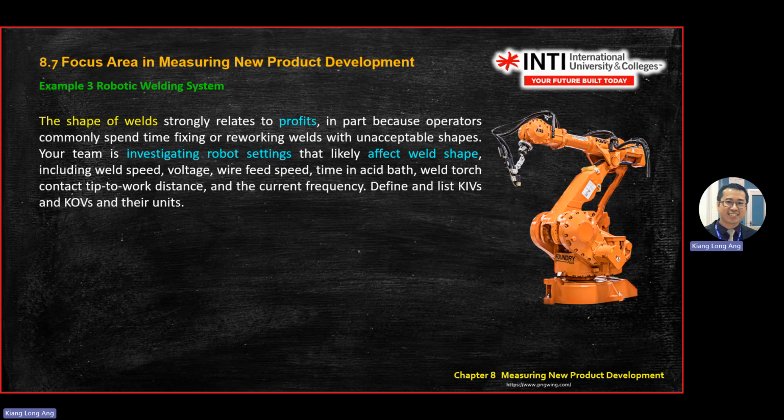For example, weld speed, voltage, the wire feed speed. This robot arm is a welding robot arm, you have a speed of welding and there's a feeder there. There's a wire feeding speed there. Time in the acid bath, weld torch, contact tip, work distance, and so on.